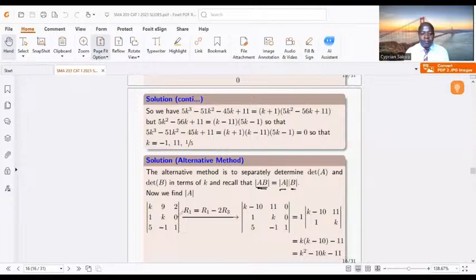There are very many methods. You can even write this as k times the determinant that remains when you delete the row and the column of k, and then -9 times the matrix that remains when you delete the row of 9 and the column of 9, and then plus 2 times the determinant of the matrix that remains when you delete the row of 2 and the column of 2.